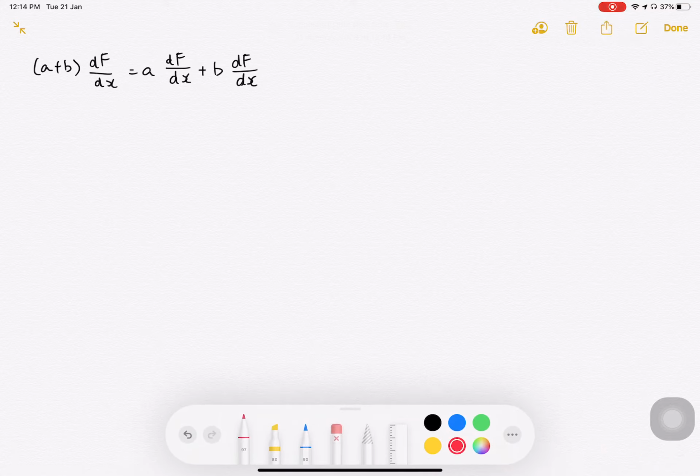So here, this one, we put in the center difference of interval delta x, and then here we put in the center difference of interval 2 delta x.